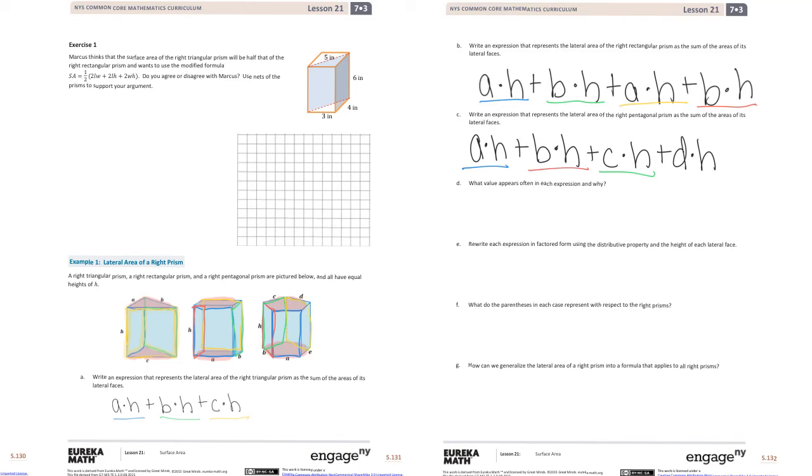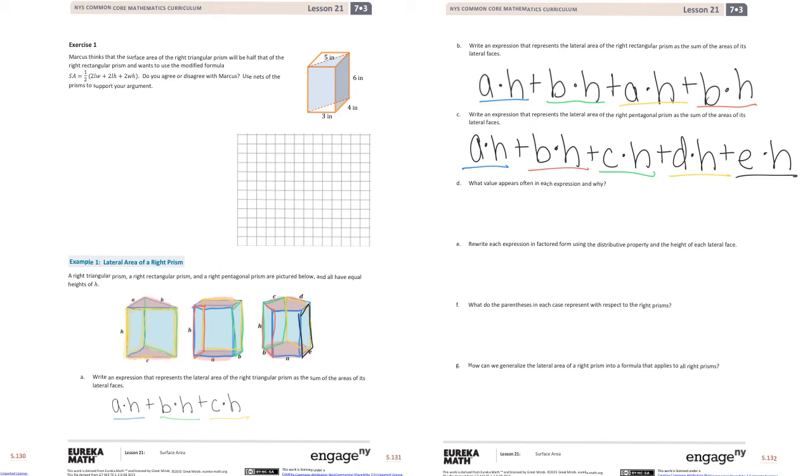And then finally our last one, I am actually just going to put in black because I ran out of convenient colors here. And that is going to be plus E times H. And that side is going to be right here.